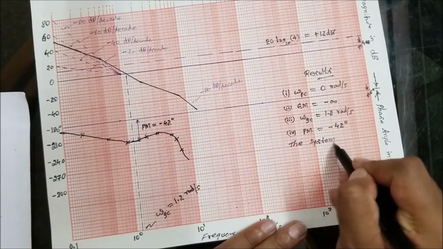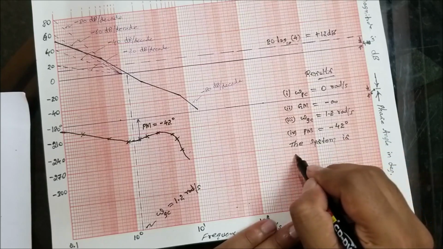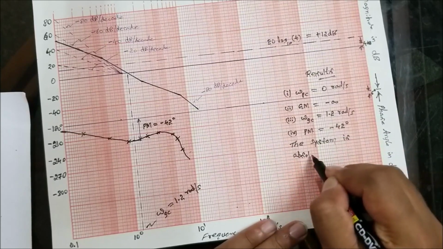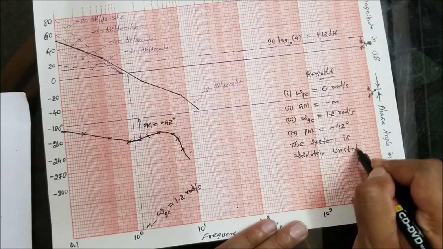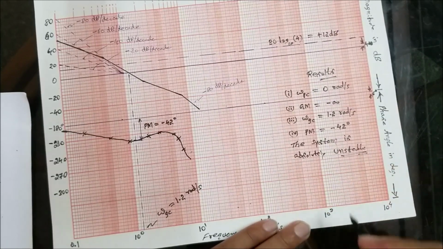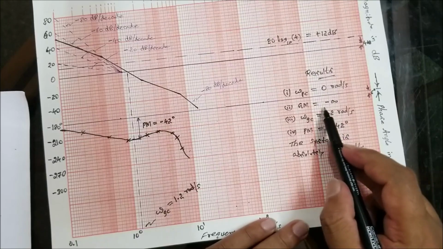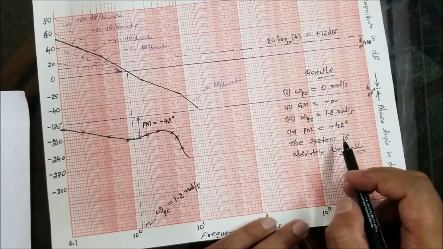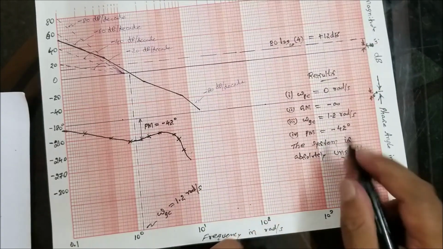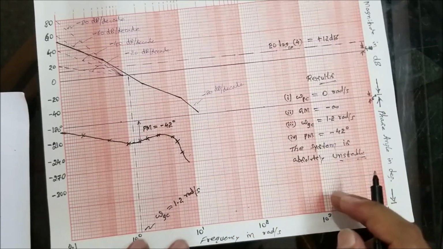Why is it absolutely unstable? Because both gain margin and phase margin are negative, and gain margin is minus infinity. So hence the system is unstable. This is the result for the given problem.